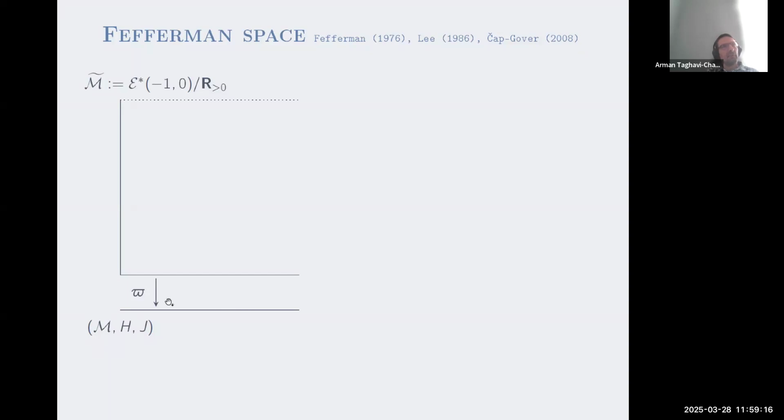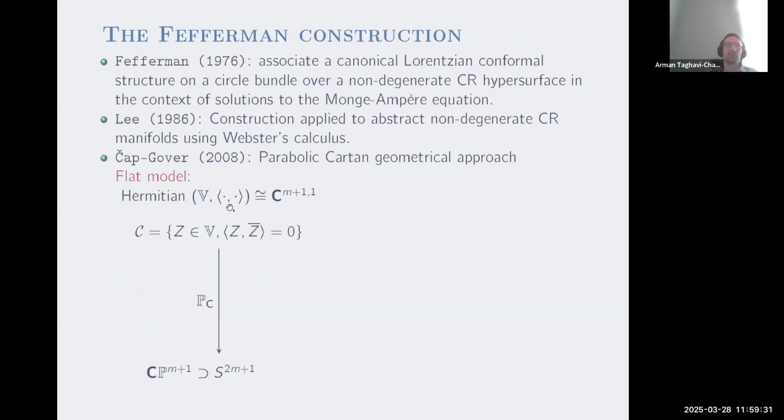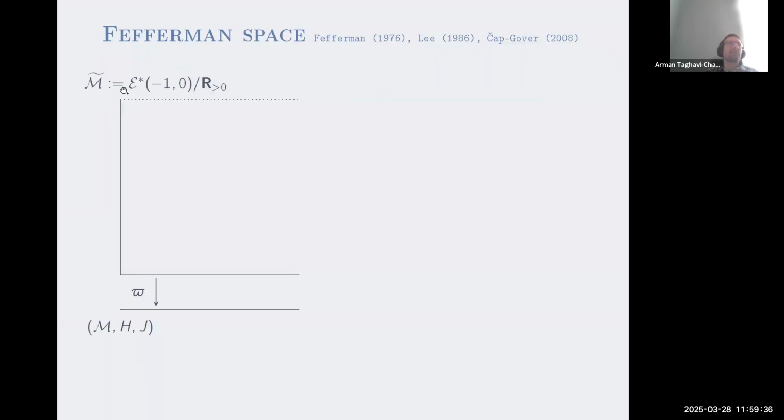So if I start from a CR manifold of dimension 2m+1, then I define a circle bundle over it, which will correspond to the curved version of this space. This is one of these density bundles with the zero section removed, quotiented by the natural positive real number action.